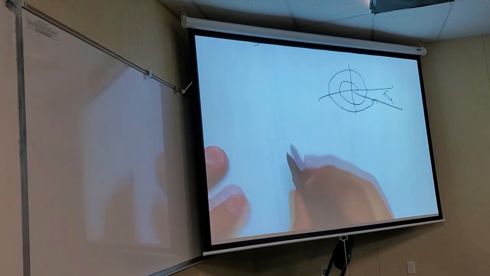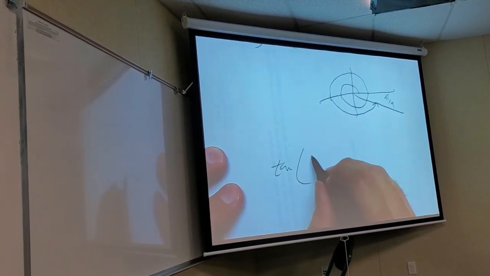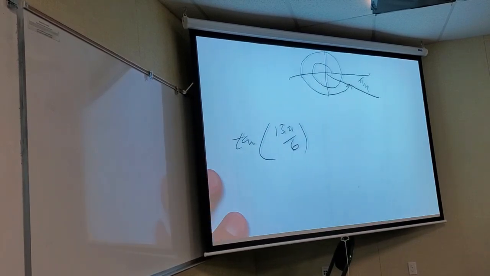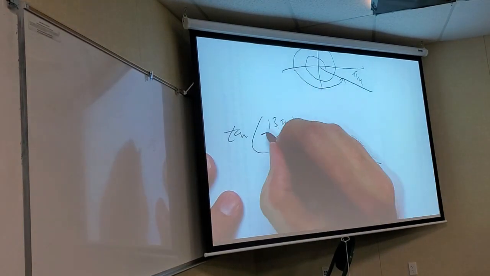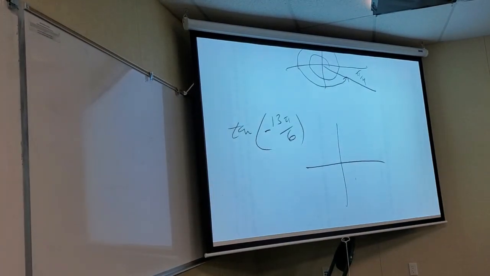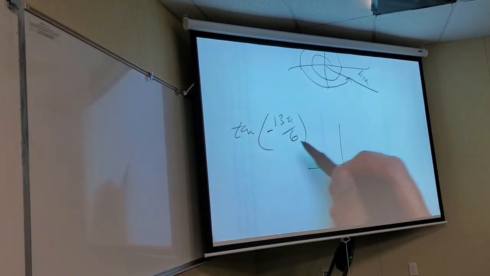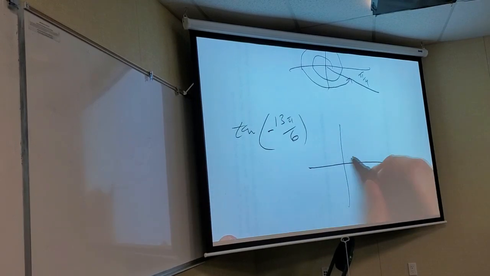So what if I had tangent of negative 13 pi over 6? What's 13 close to that works well with 6? 12. And what's 12 pi over 6? 2 pi. So negative 12 pi over 6 would be negative 2 pi.